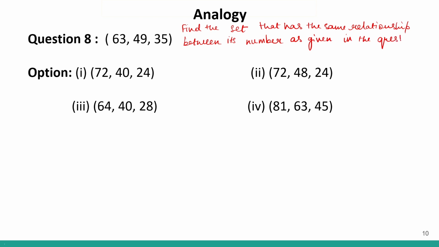So this is your question. Let's say we have to find the set that has the same relationship between its numbers as given in the question. So the first thing we have to do is find the relationship between these three numbers.